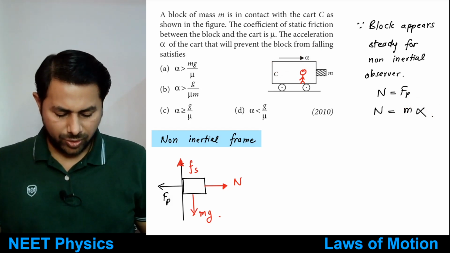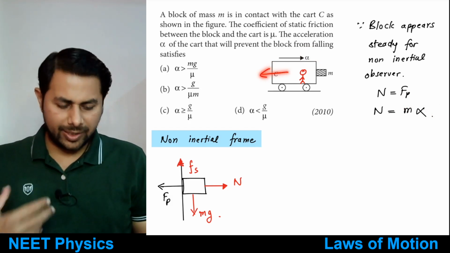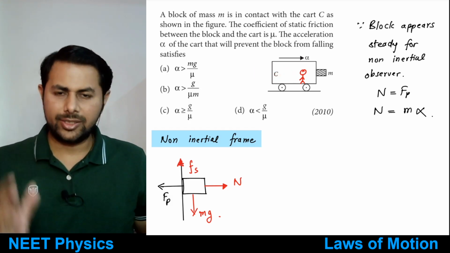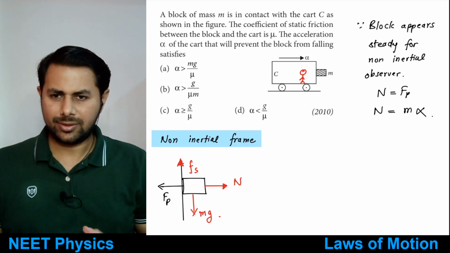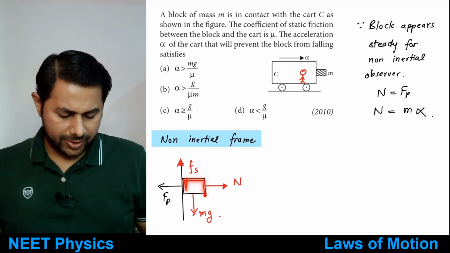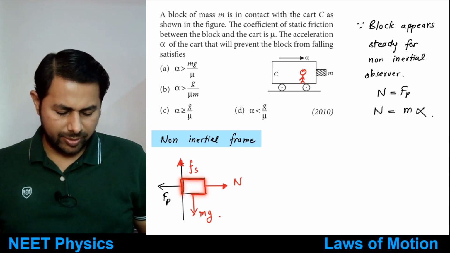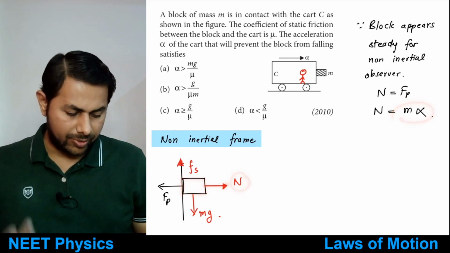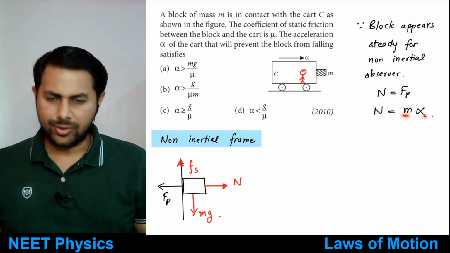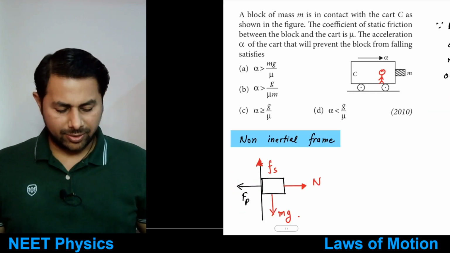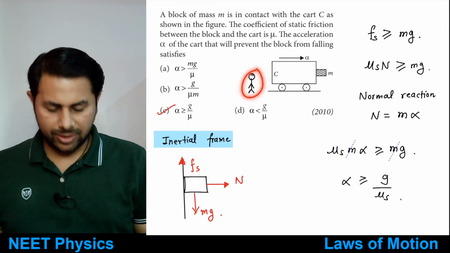So we know that the pseudo force appears to be acting in the opposite direction of acceleration, and the magnitude is just mass into acceleration. And then it's very simple. So he says, okay, now it seems to be balanced, so the normal reaction is in this direction, and he found the magnitude of the normal reaction, m times alpha, by a completely different argument compared to the other observer.